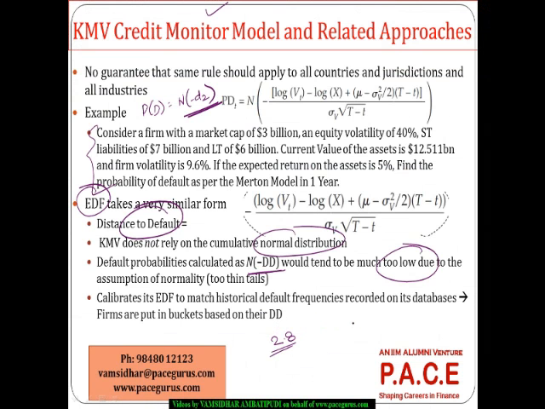Now they have taken from their historical data, let's say 1000 firms. And for each of the 1000 firms, they are finding this distance to default. What they are simply looking at is, associated with each distance to default, what proportion of the firms actually defaulted within 1 year.